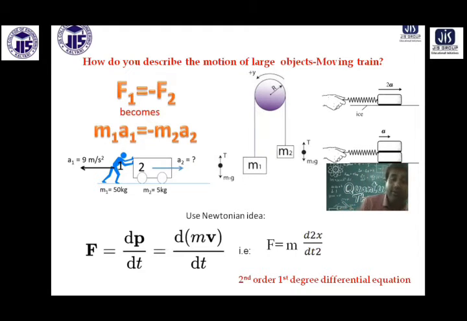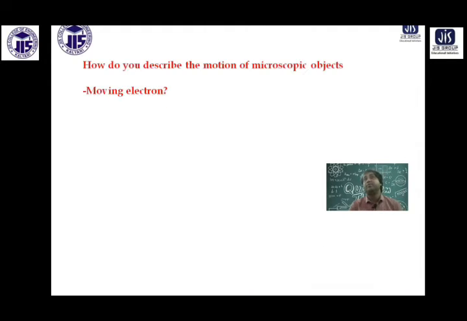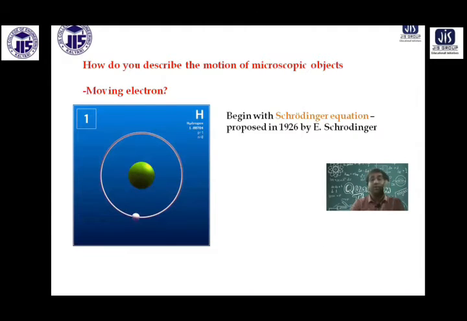You have to know the force, solve this second order differential equation and describe the problem. Okay, so the major change is coming in the perception basically. That is in this equation of Schrodinger that we have been talking about. It is only applicable for this microscopic world, the electronic world.